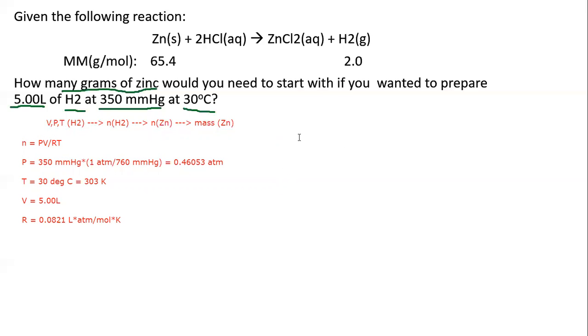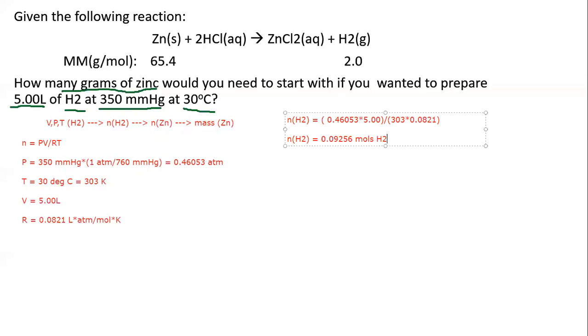So now we have everything in the right units. We can calculate the moles of hydrogen. 0.09256.